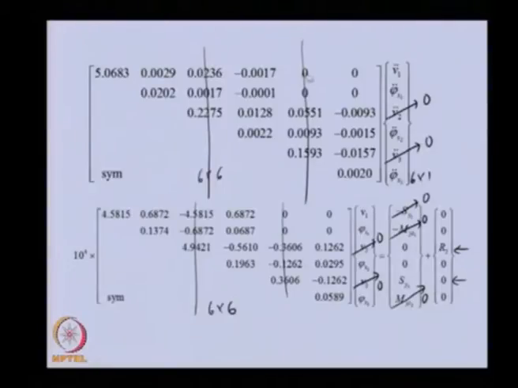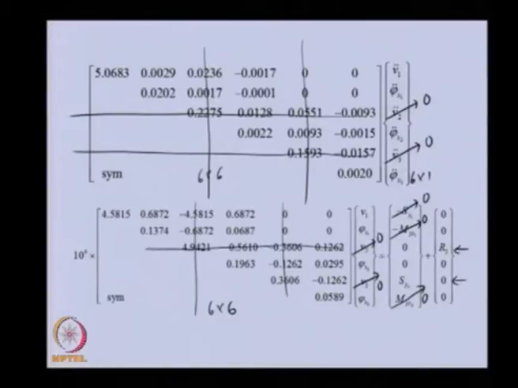The third column and fifth column, and then the corresponding rows also. So this row and this row we will eliminate, the third row and fifth row. Basically here we will see that this will get eliminated, this will get eliminated.